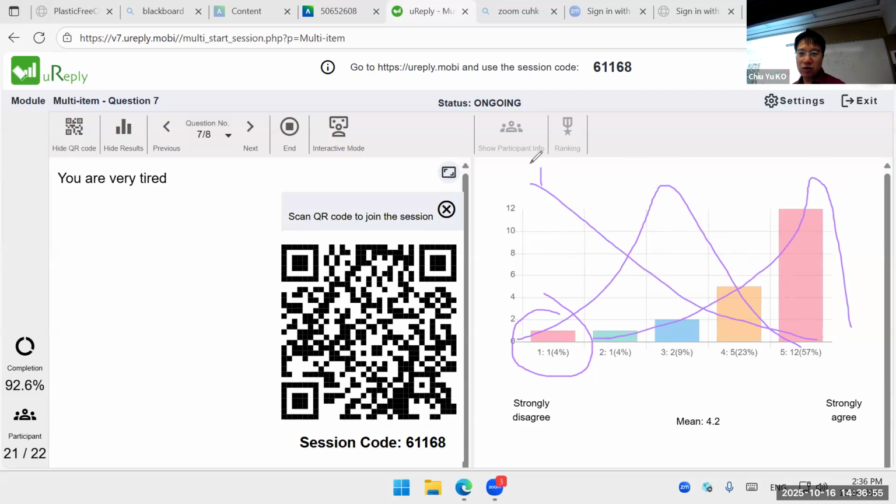This is 1, this is 2, this is 3. Who thinks it's 1? Who thinks it's 2? Who thinks it's 3? Oh, you guys are completely wrong. They're 1. They're not tired at all. They're pretty happy.